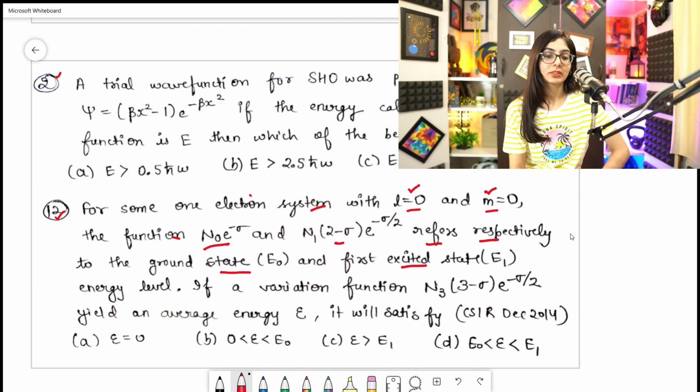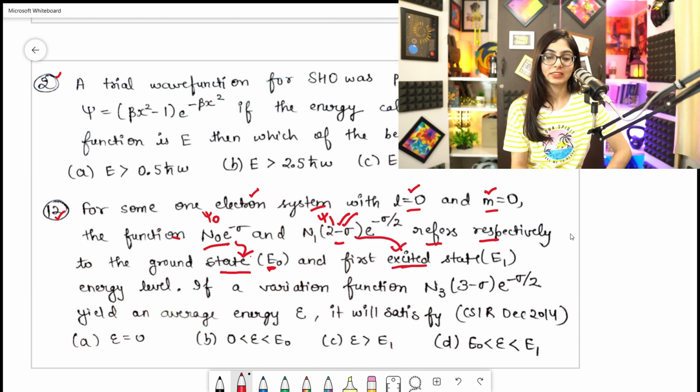Okay, the electron system is there, right, and this system belongs to the ground state. Its energy is given as E naught, and this function, suppose this is psi naught, and the ground state energy is given, and this is psi 1, and its energy is denoted by E1, and this is the first excited state, right? This is the ground state and this is the first excited state. Clear? So all these things have been given.